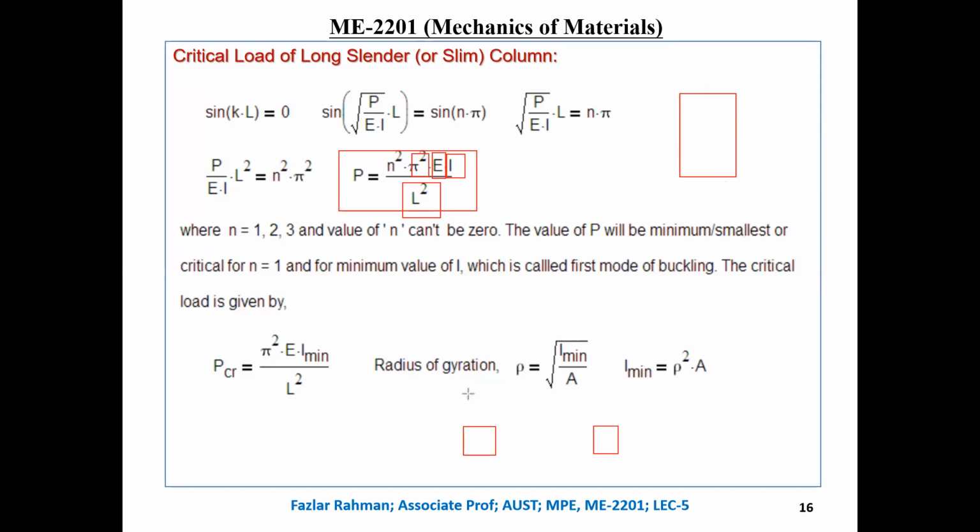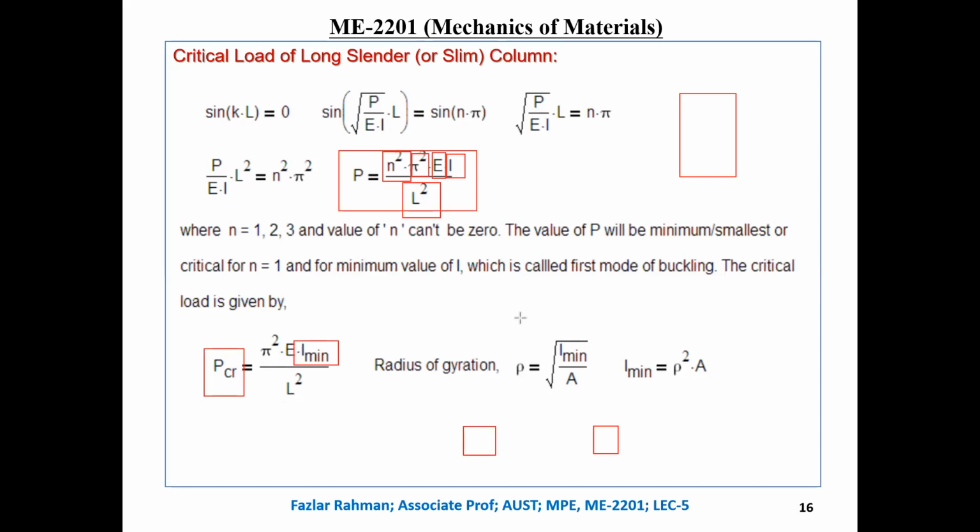For which value? If I is minimum, then I put I minimum. And if n equal to 1, then P will be minimum. So in that case, instead of calling it only P, we will call it P critical. So P critical equal to pi square E I minimum by L square.